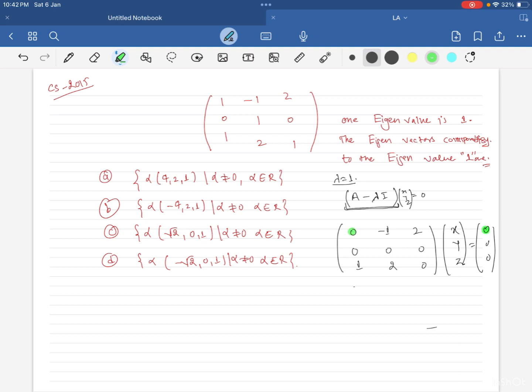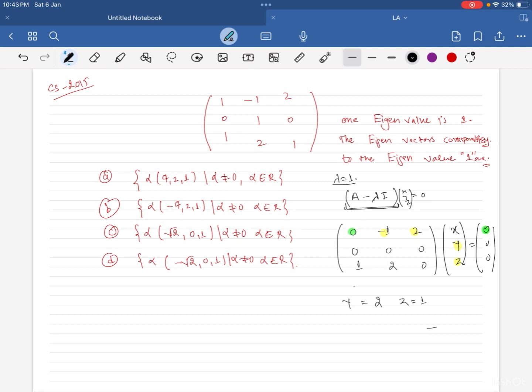So minus 1 times x minus 1 times y plus 2 times z. What you will pick is y equal to 2, right? Then this will get multiplied by 2 and added up, and z you are going to pick 1.